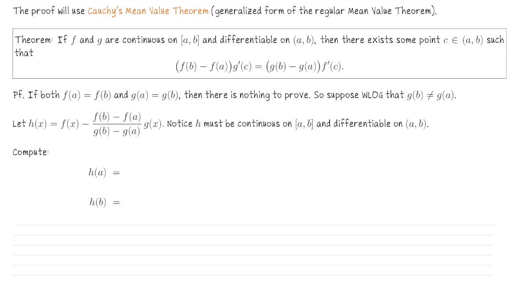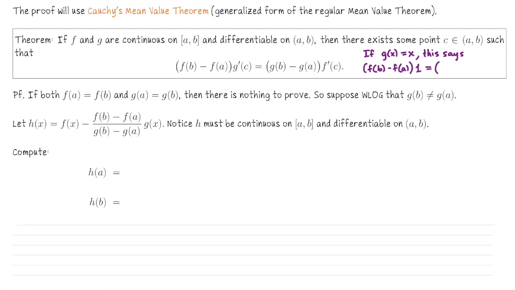This is a generalized form of the regular mean value theorem, and in particular, you can see the regular mean value theorem from this if you take, say, g of x to be x. So if g of x equals x, this equality says that f of b minus f of a times g prime at some number, but if g of x were the function x, then its derivative everywhere would just be 1.